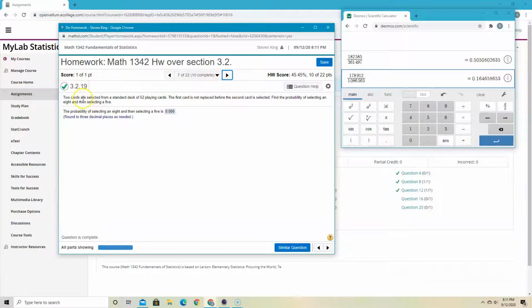Now we have to know a little bit about the standard deck of cards. Some people are very familiar with the standard playing deck of cards and some may not be. So I'd like to show you a picture of a standard deck.